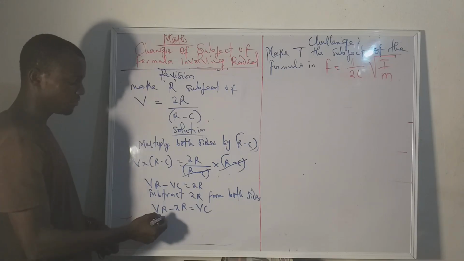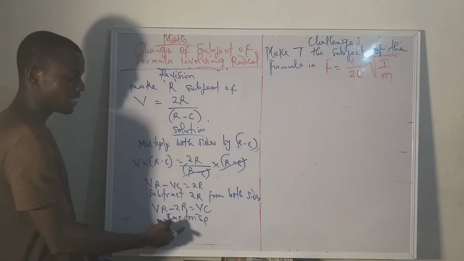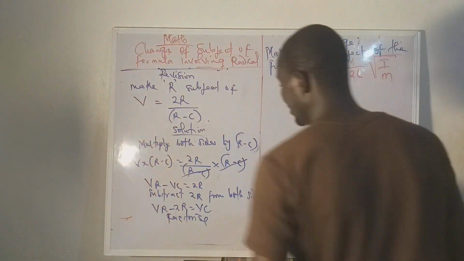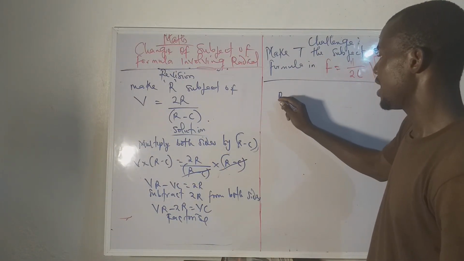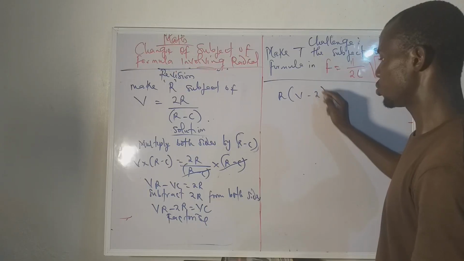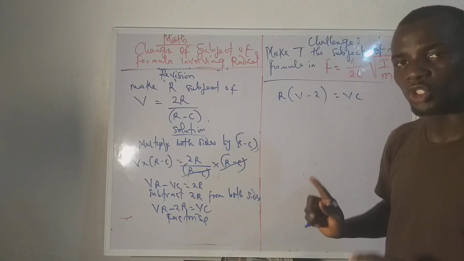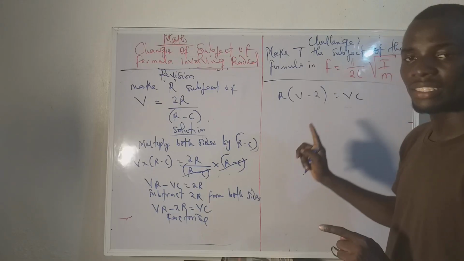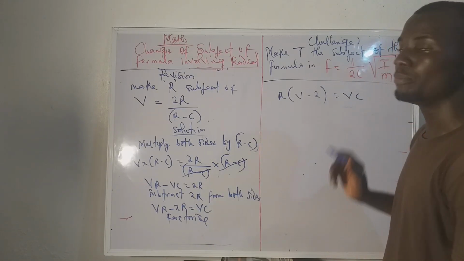So here we can factorize. Factorizing this, we have R(V minus 2) equals VC. Our goal again is to eliminate any term attached to R. So what am I going to do? I will divide both sides by what?